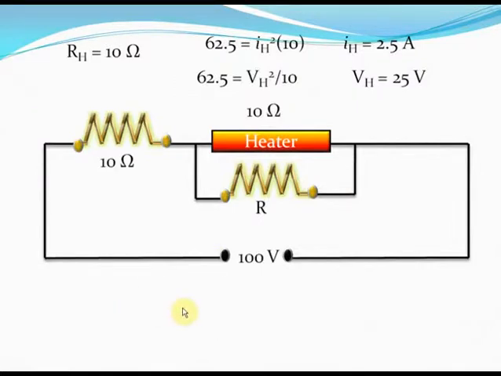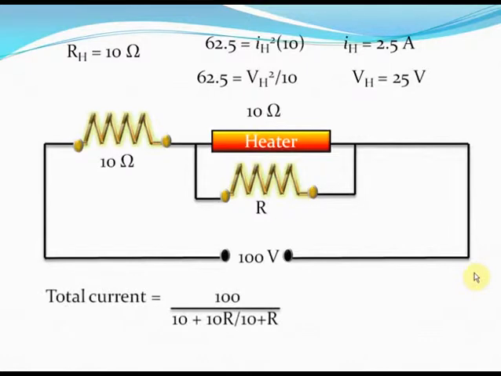You see, we know that the net current in this circuit is clearly 100 divided by 10 plus 10R divided by 10 plus R, isn't it? That is because the net current, this one, say I, is clearly equal to 100 divided by R equivalent, that is the total resistance in the circuit, isn't it?